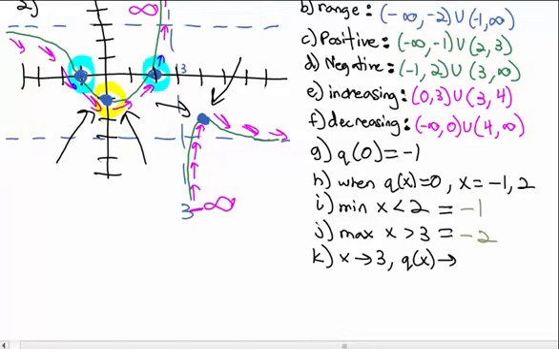And so the way we're going to compensate for this difference is we're going to split this up, and we say when x goes to 3 from the positive side, over here to the right is the positives, over to the left is the negatives. As x goes to 3 from the positive side, Q of x, the function, is going down to negative infinity.